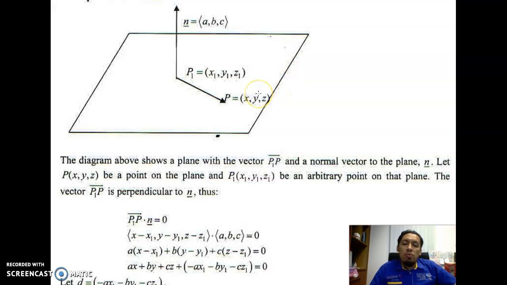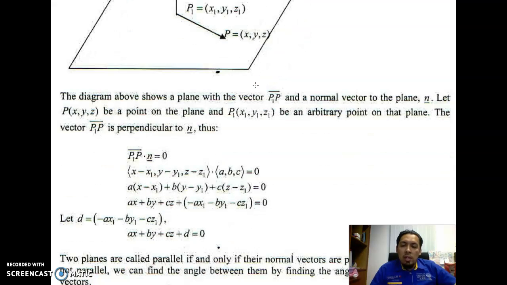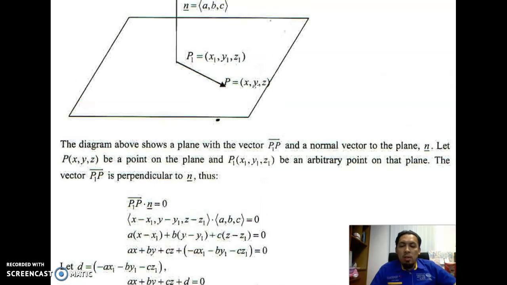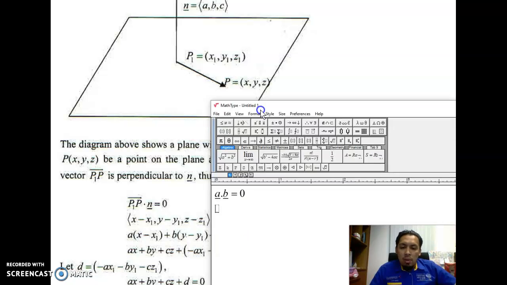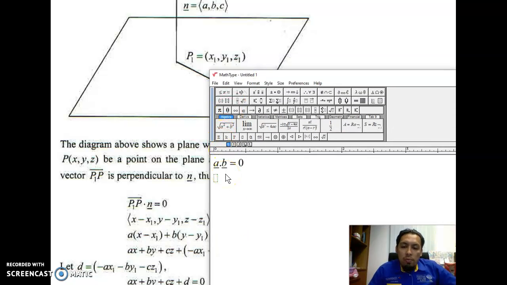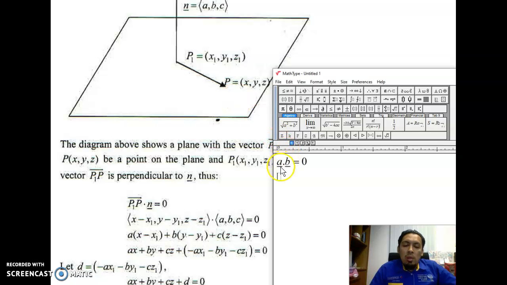Okay, now to find the equation, we are going to use this formula. This might seem a little bit unfamiliar, but it is actually one of the properties of a dot product: when you take the dot product between two vectors and you get 0, it means the angle between these two vectors is orthogonal, 90 degrees.